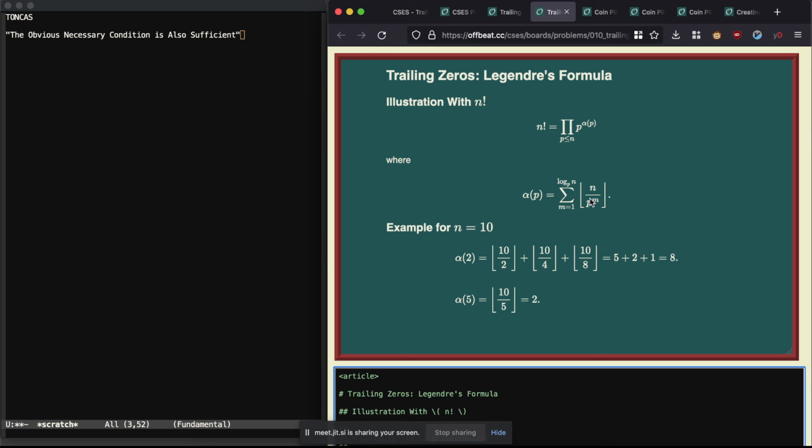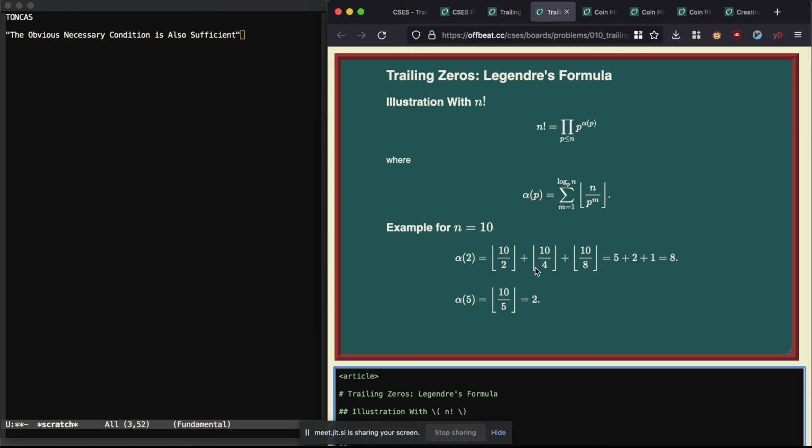What we want to see here is that we will take that number n, like in our case it was 10 factorial, and then we will divide 10 by the prime, and then we will collect the count of the first set of factors. Then we'll divide this 10 by the square of the prime, and then we'll divide this 10 by the cube of the prime, and so on.